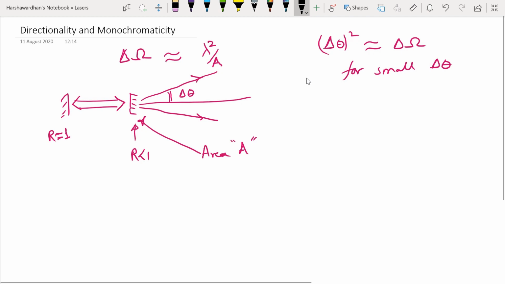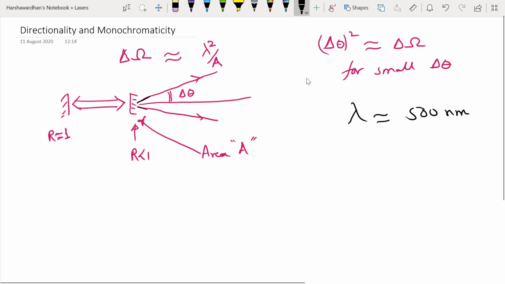So let us put some numbers to this. For example, in the visible, I'm taking lambda to be about 500 nanometers. The visible light is from 400 nanometers to about 650, 700 nanometers.